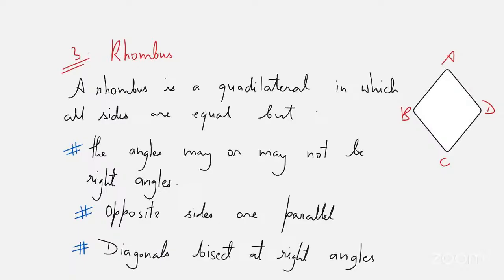Let me show you the diagonals. Diagonals can be made like that. And here you will be forming 90-degree angles.